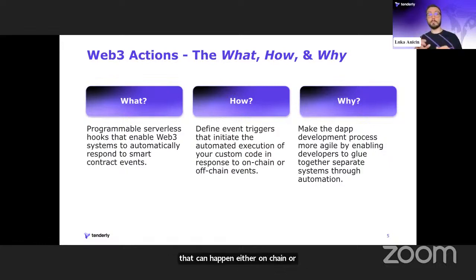One amazing thing about that is you're going to define the behavior of those events that can either happen somewhere else or on chain, which we're going to do today. And we made this to help you automate certain tasks, so you can focus on something that really matters to you, whatever that means, for example, your core application.